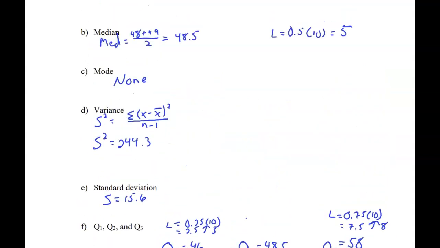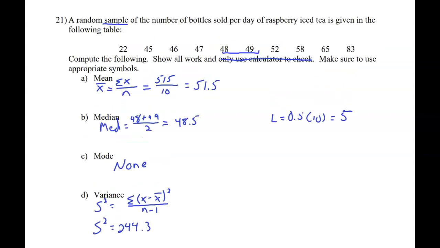So let's go back up to our data, which is already in order. And so if I look at my data, my lower boundary was at 28. So 28 would be between 22 and 45. My upper boundary was at 76. So it's somewhere between here.